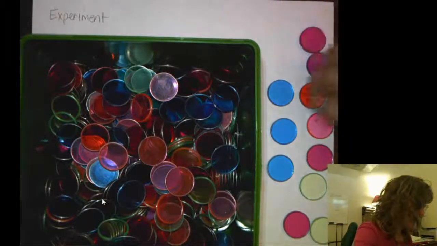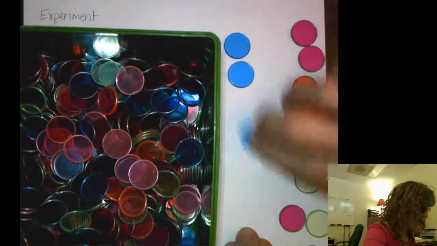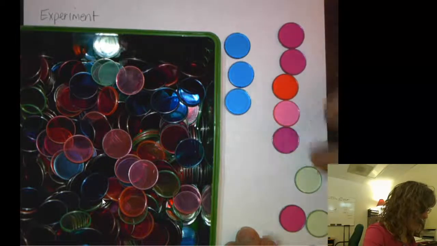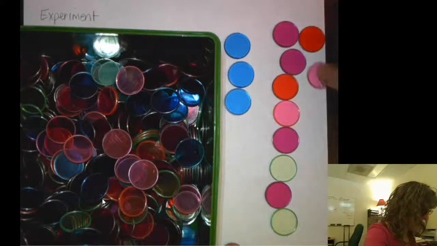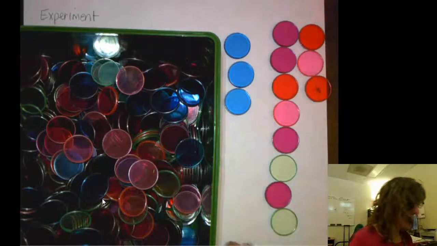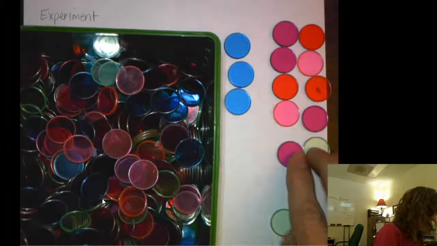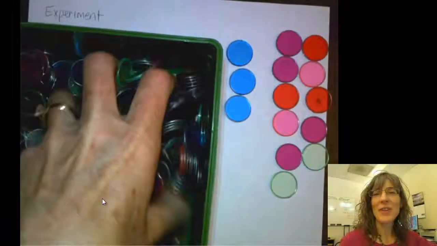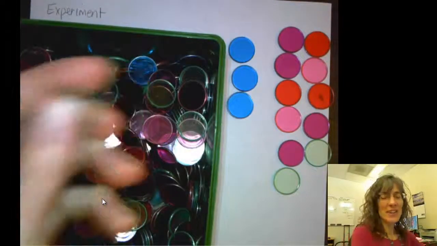Slide my box over, how about that? 3, 4, 5, 6, 7, 8, 9, 10, 11, 12, 13, 14. Okay, so I have 14, so that means I need 6 more, so I'm going to grab 6 more.